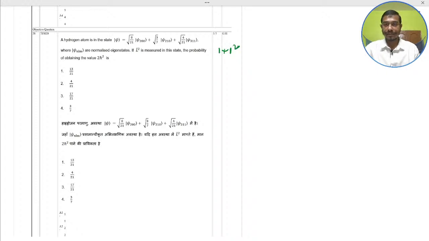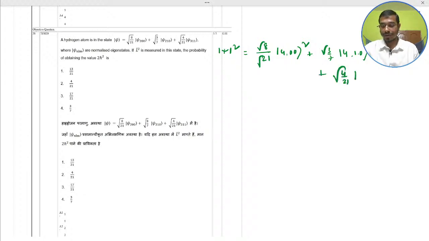This is the probability: root over 8 by 21 of the 400 state square plus root 3 by 7 of the 410 state plus 4 by 21 of the 411 state.